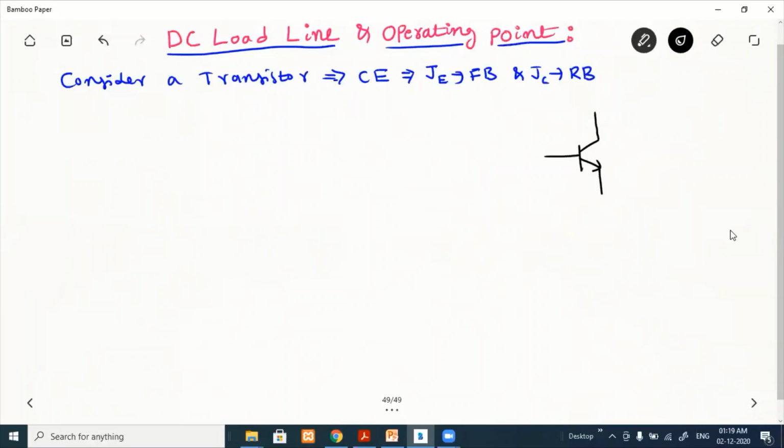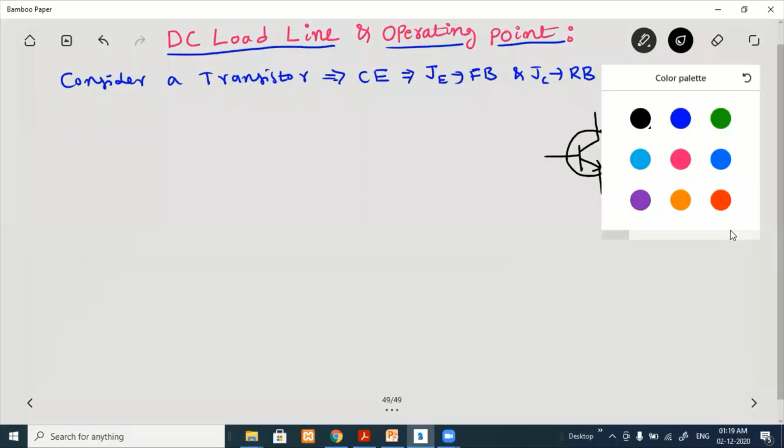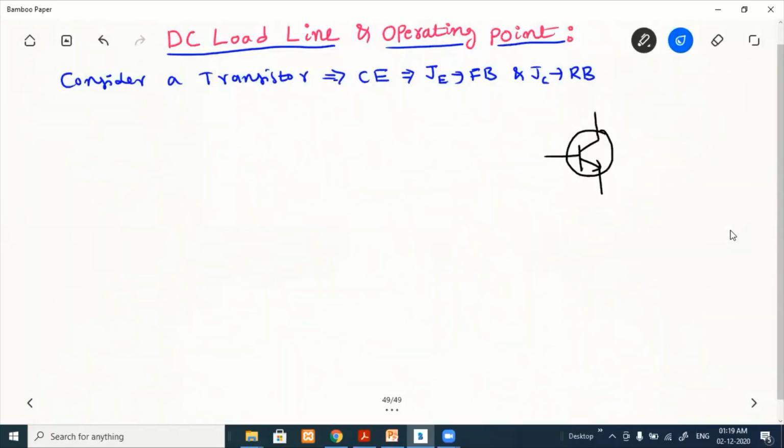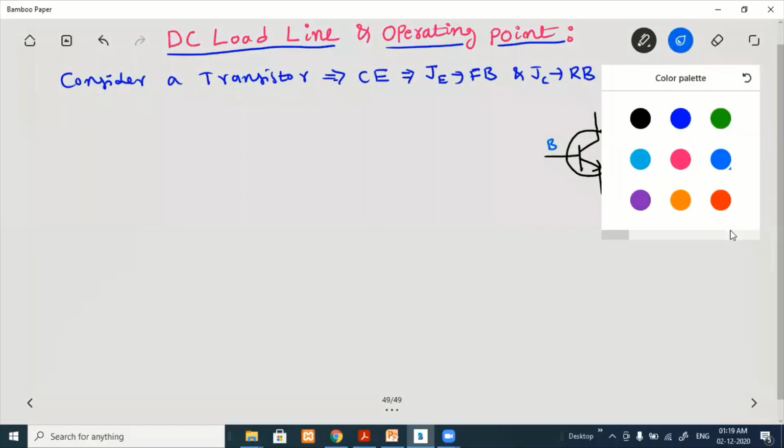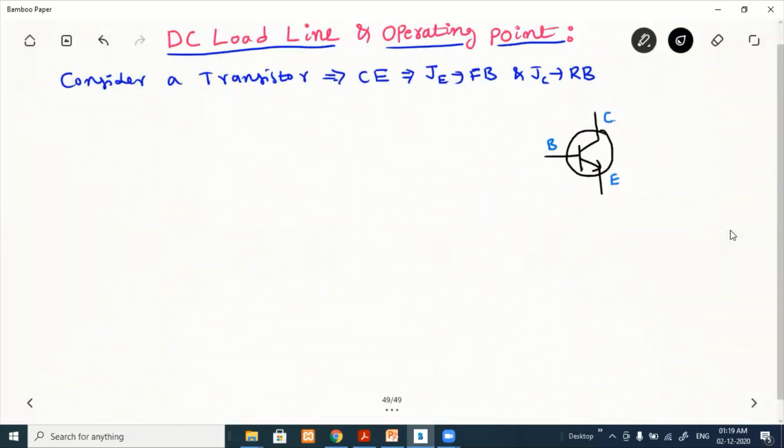Now the emitter junction is forward biased. This is the emitter terminal, base terminal, and the collector terminal. So the emitter junction must be forward biased. So the base emitter junction is connected to a power supply through a resistor.